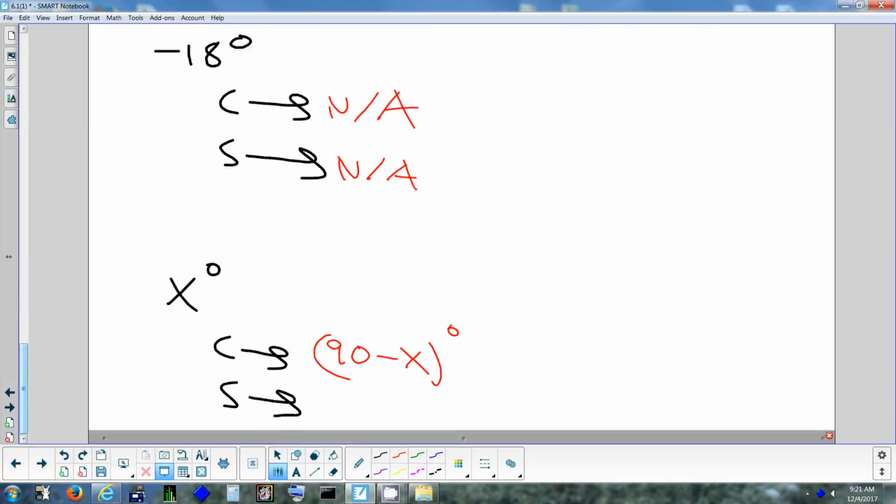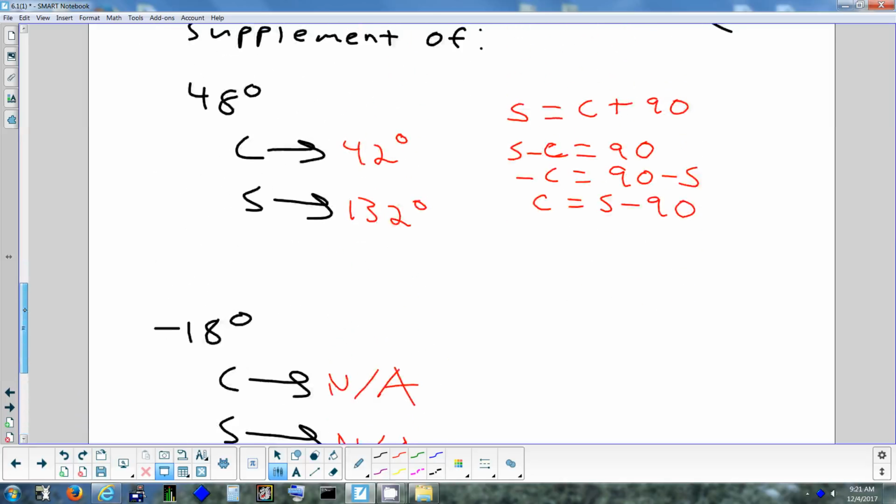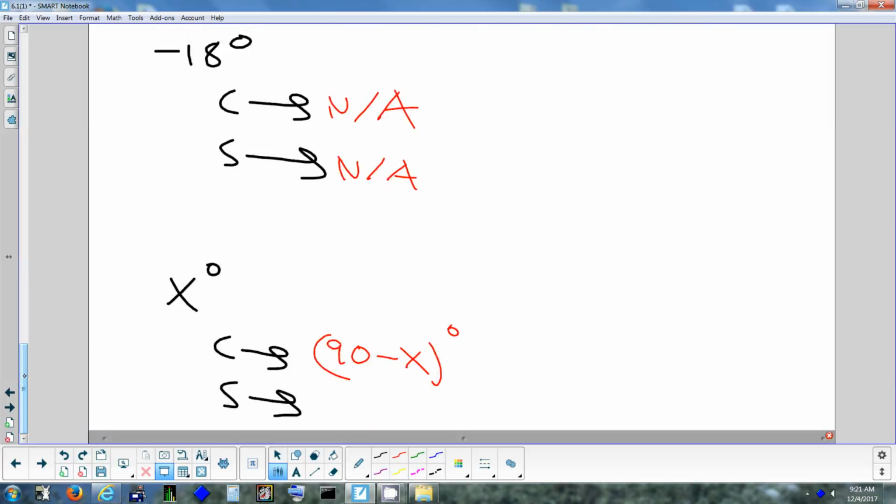Okay, the formula for the supplement, just using your angle. Forget about the complement. Yep. 180 minus x. Again, assuming x is a positive number. Okay, any questions on that? All right.